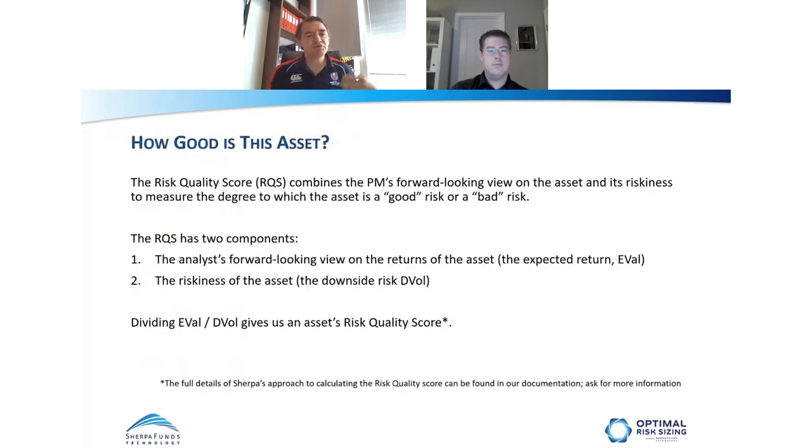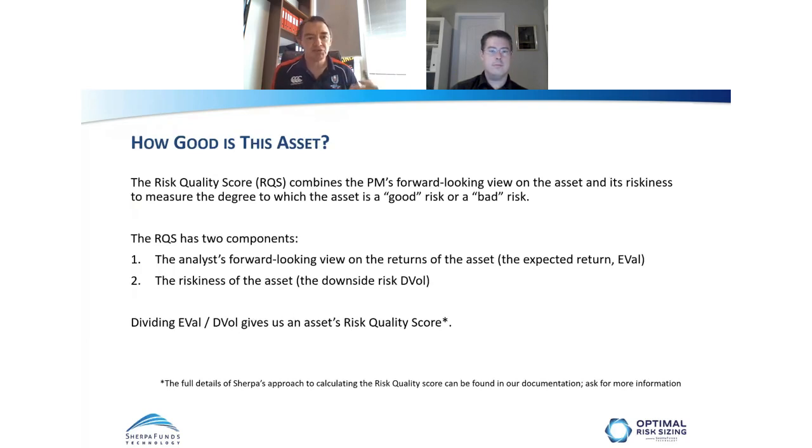So if we start with what I'm going back to, which is the y-axis on that graph, the risk, which we call the risk quality score. And remember, if we've got 50 or 60 assets, this is a very complicated 50-dimensional problem. So we're trying to project it onto something we can look at on a page. The risk quality score is a measure of each asset's risk quality, simple as that.